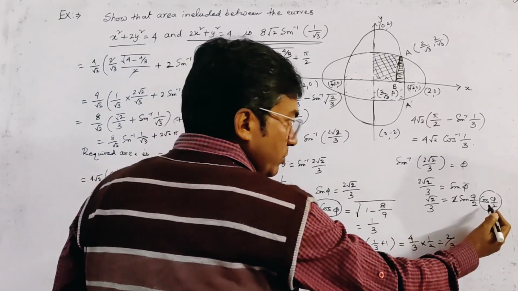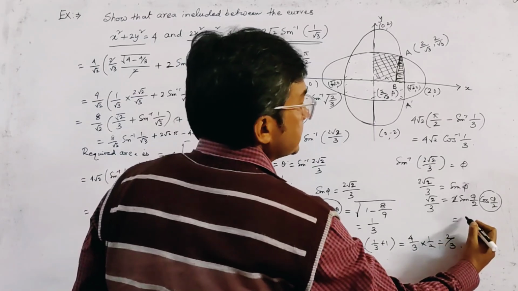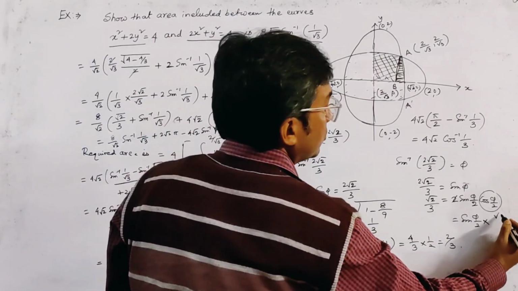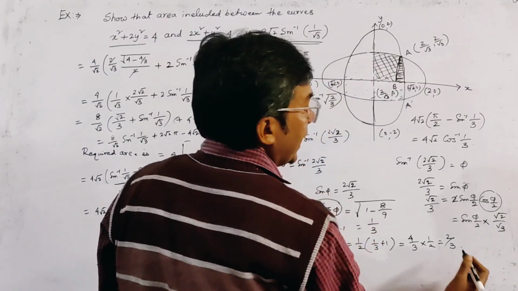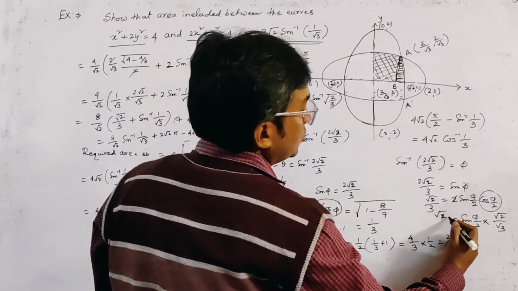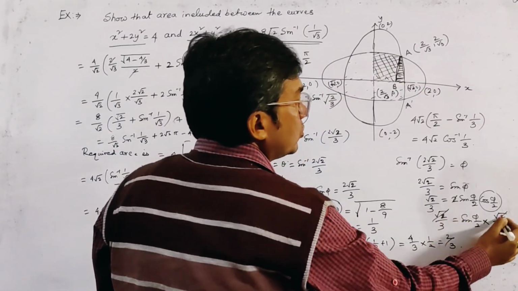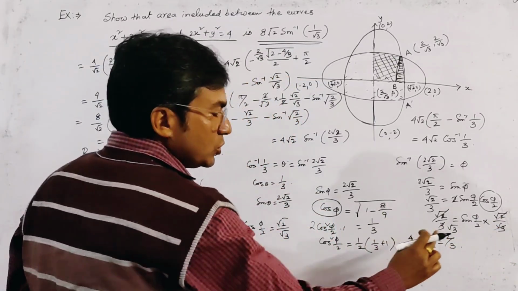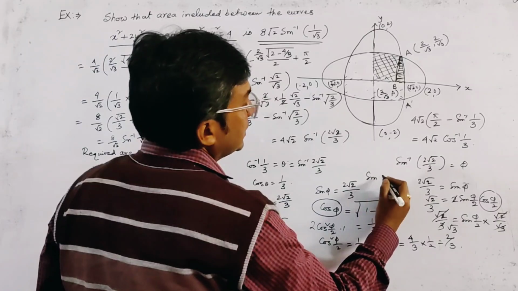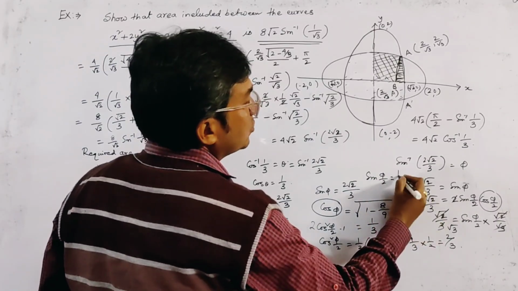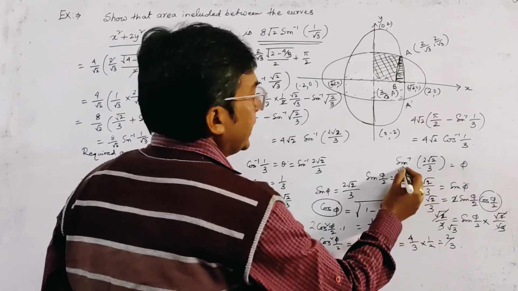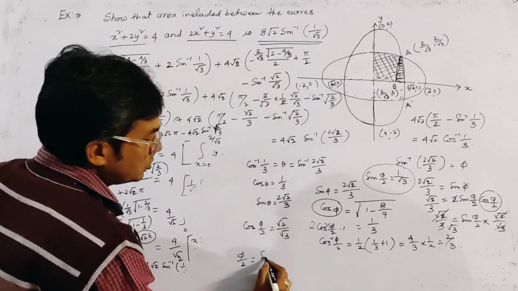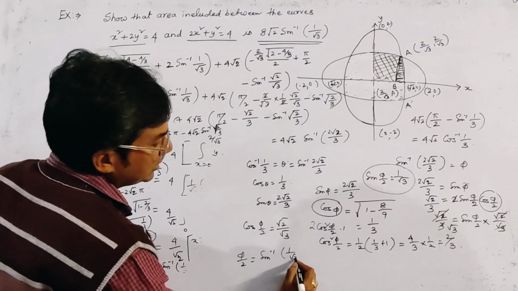Now putting the value of cos phi by 2, we get sin phi by 2 into root 2 by root 3, and on the left side root 2 by 3. Root 2 cancels out, and root 3 remains. So we get sin phi by 2 equal to 1 by root 3, and this gives us phi by 2 equal to sin inverse 1 by root 3.